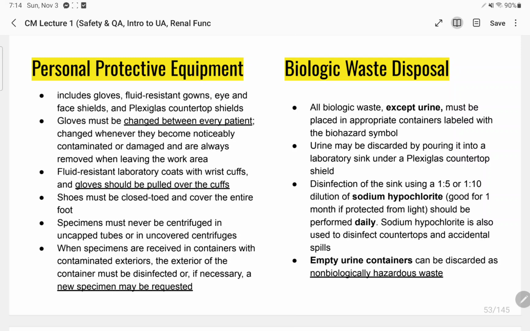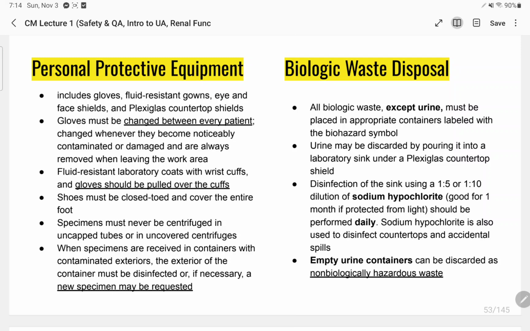Okay? And please take note of this. Gloves must be changed between every patient. So this is under your standard precaution. So gloves must be changed between every patient. As much as possible, you change gloves for every patient.